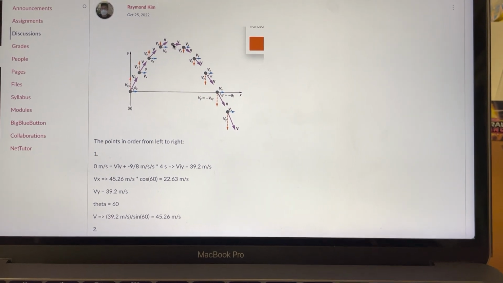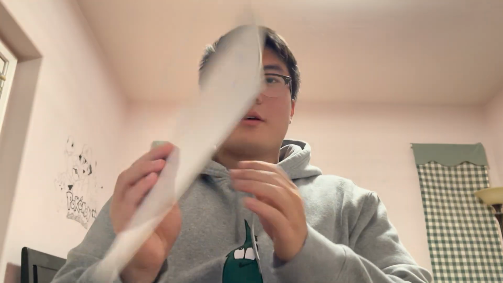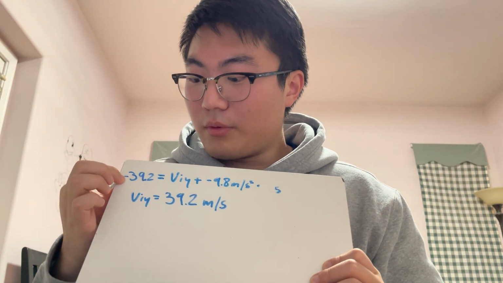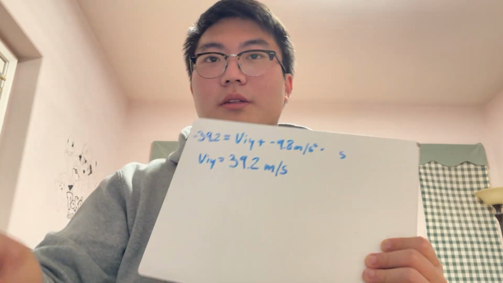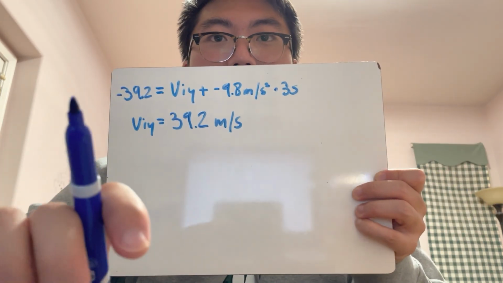I basically made the final point 39.2, and then made this 4, or sorry, 3, because it's 4 starting from the very peak point, but I'm starting from the point under that. So I do times 3.